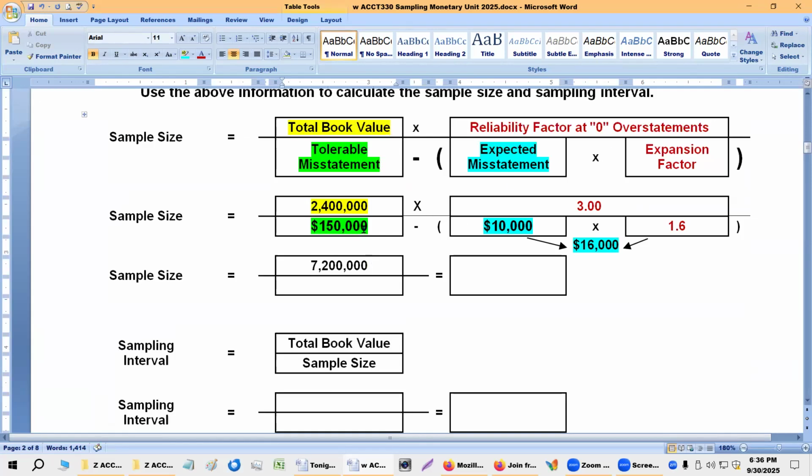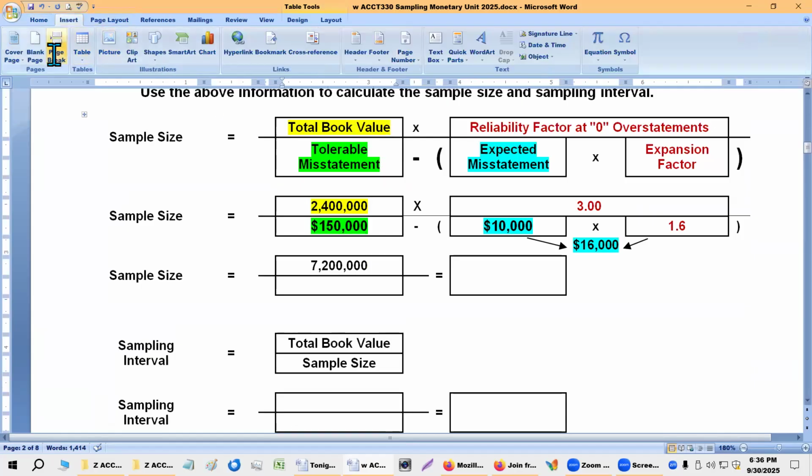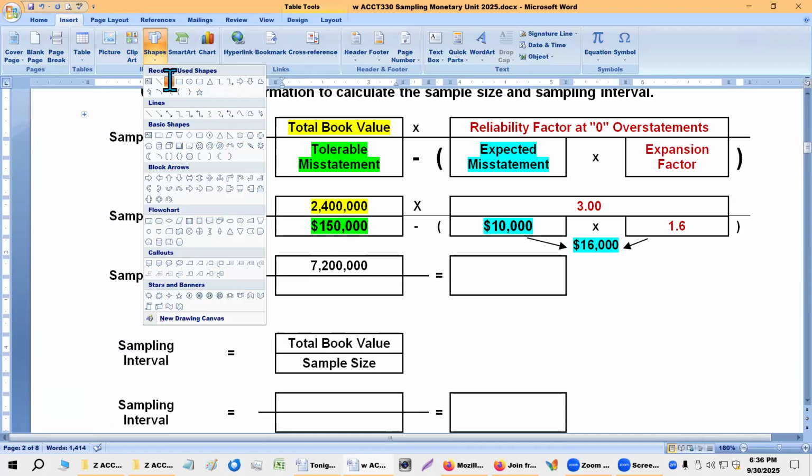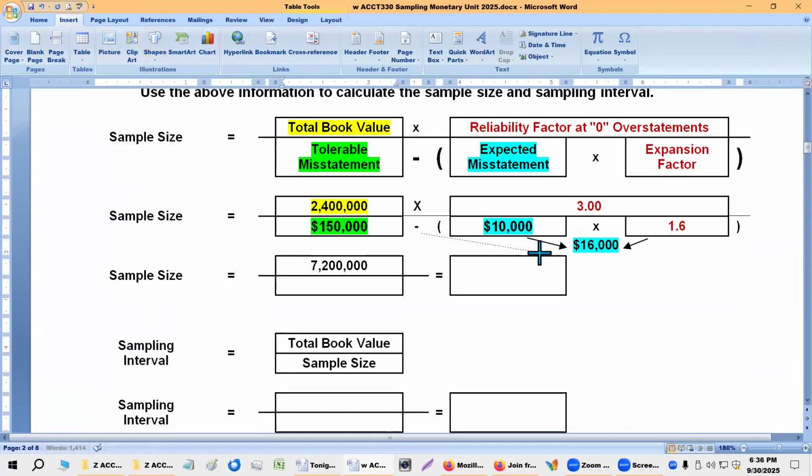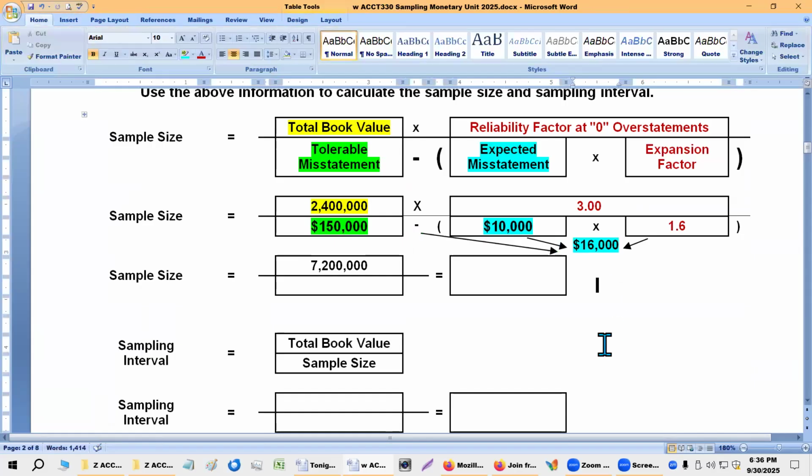And 150,000 minus 16,000 is 134. Okay, so this is going to be our sample size. How many items do we have in our sample?